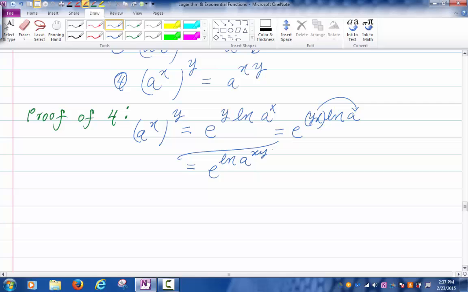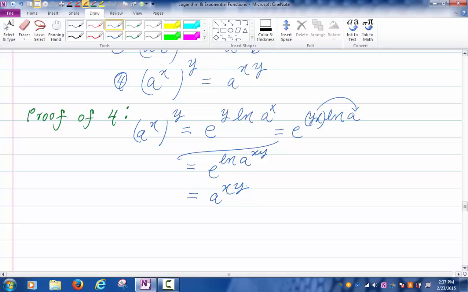Again, I'm just using the property of ln. And this is equal to a to the xy, because e and ln are inverses. The cancellation property says this is a to the xy. Am I done? Yes, I got the right hand side.